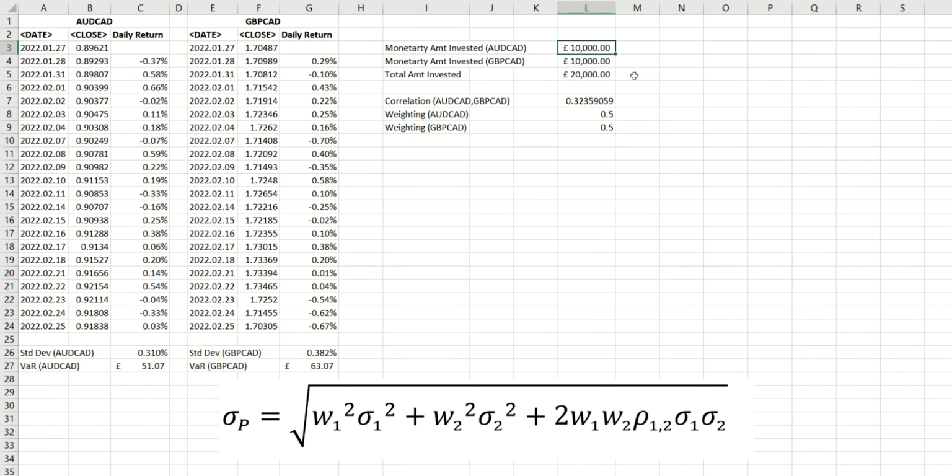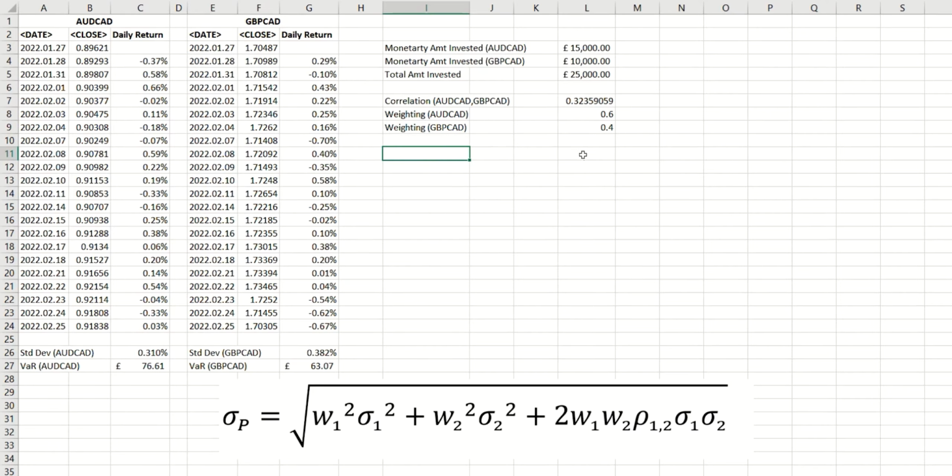If instead we change one of these values, let's say to 15,000, then the ratios change, but you'll notice they still add up to 1. And then the other components of this formula, which are the sigmas that you see here, here, and here, all relate to the individual position standard deviation, which of course we already have here and here. So now we've got all of the individual values that we need to perform our calculation.